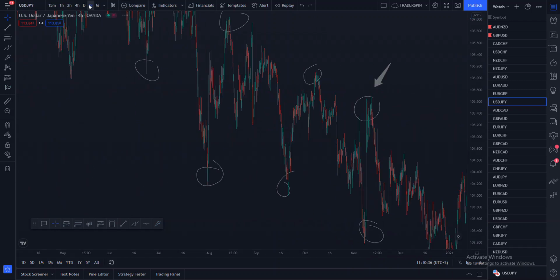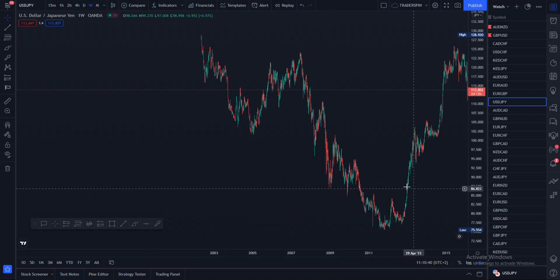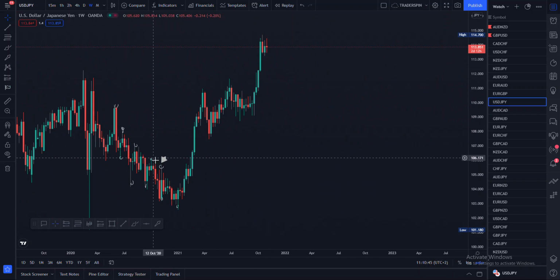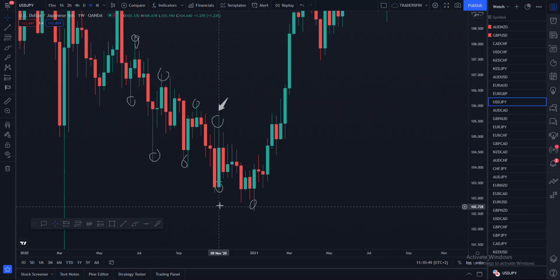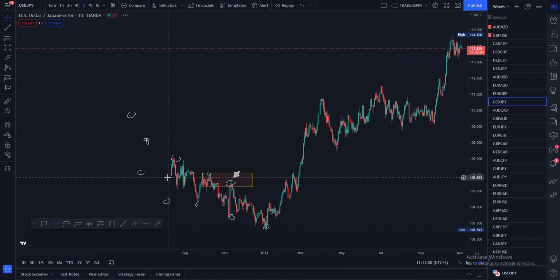Let us first see which order block price is actually seated in. And yes, price is actually seated on the weekly time frame order block. There it is, meaning you must expect to take your entries on your daily time frame.